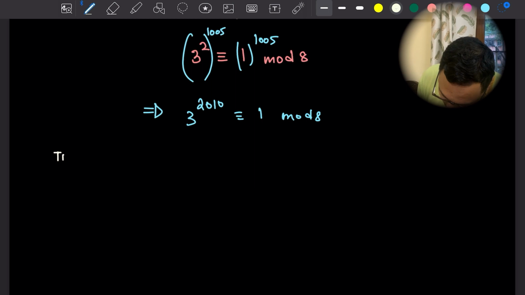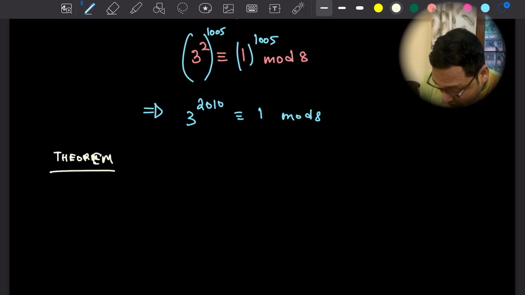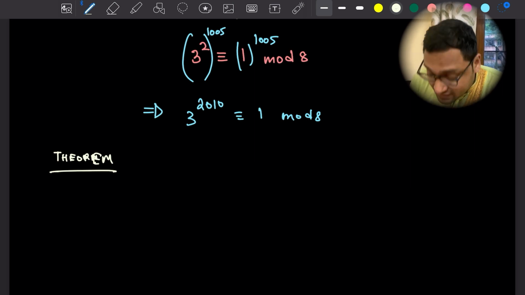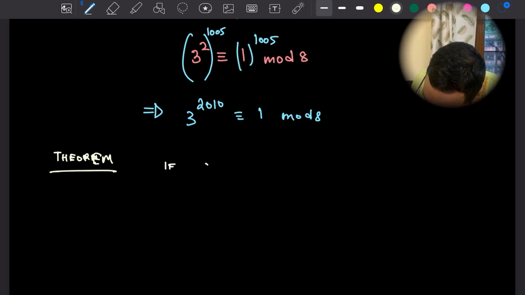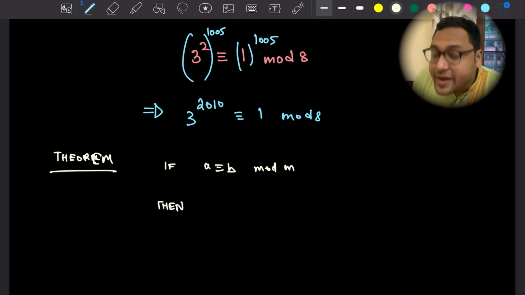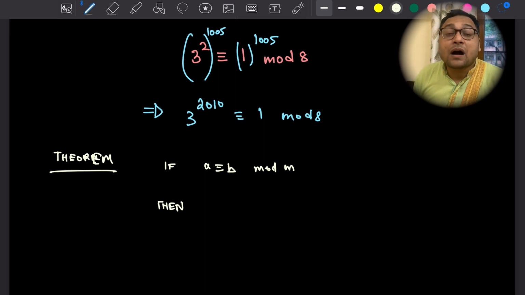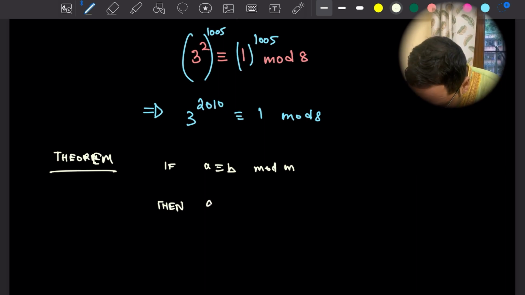This is a theorem, and you have to check. It's not immediate. You have to check that if A is congruent to B mod M, then you can raise both sides to the power something. So then A to the power K is congruent to B to the power K mod M.